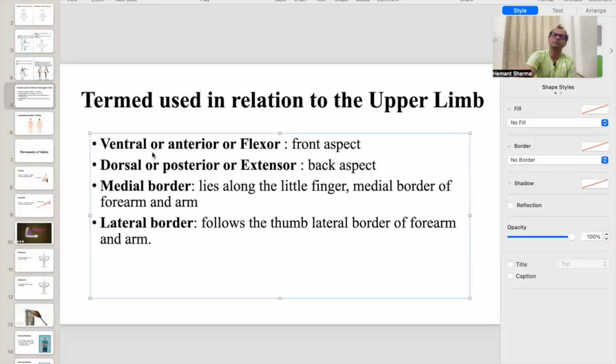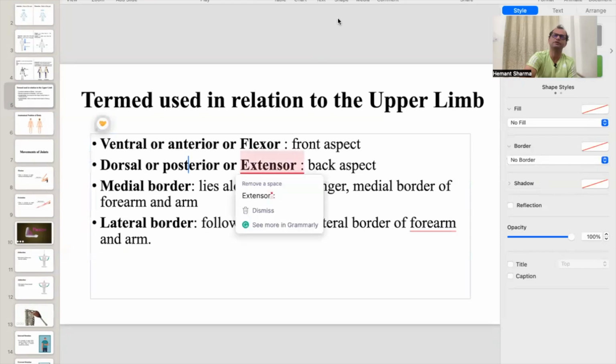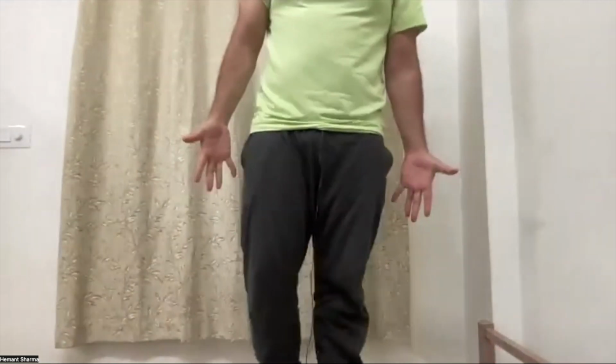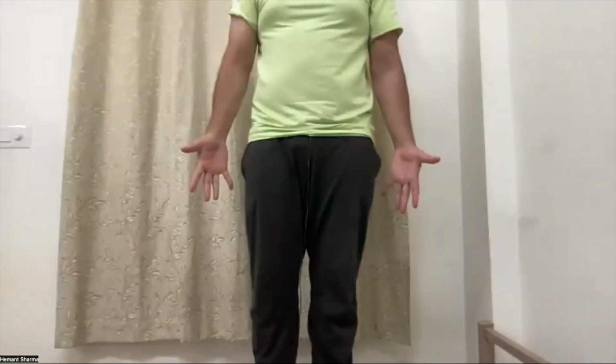So here it's written ventral means anterior or the flexion. What is the meaning of that? Because generally if you look at the arm, I'm standing in this way. This is the anatomical position.